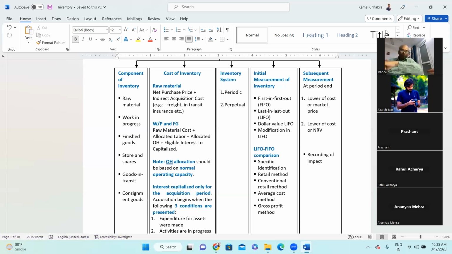When ownership as well as the risk is completely yours and the goods are in transit from your warehouse to your client, then it is goods in transit. But when it is going through the consigner and the consigner is responsible for the insurance of the goods or for remediating any damage, then it is considered a consignment good.